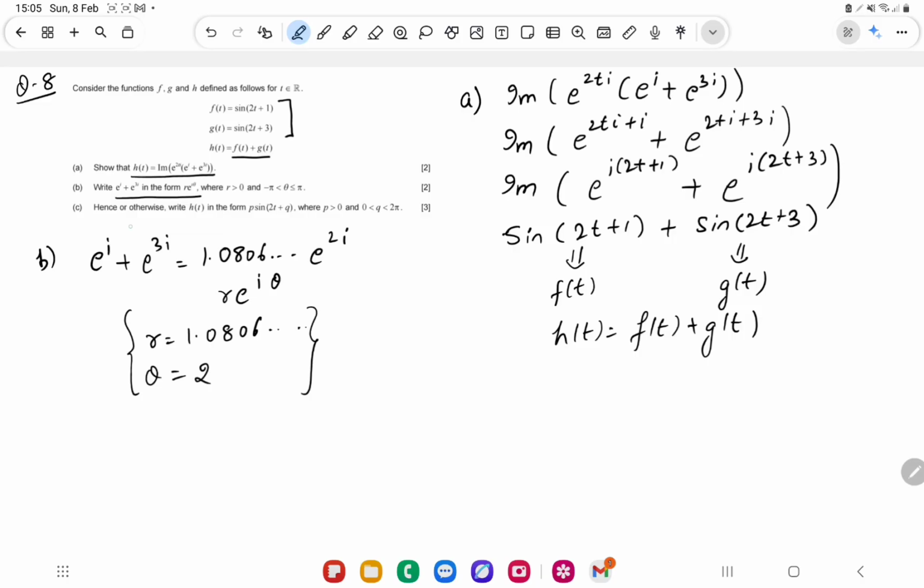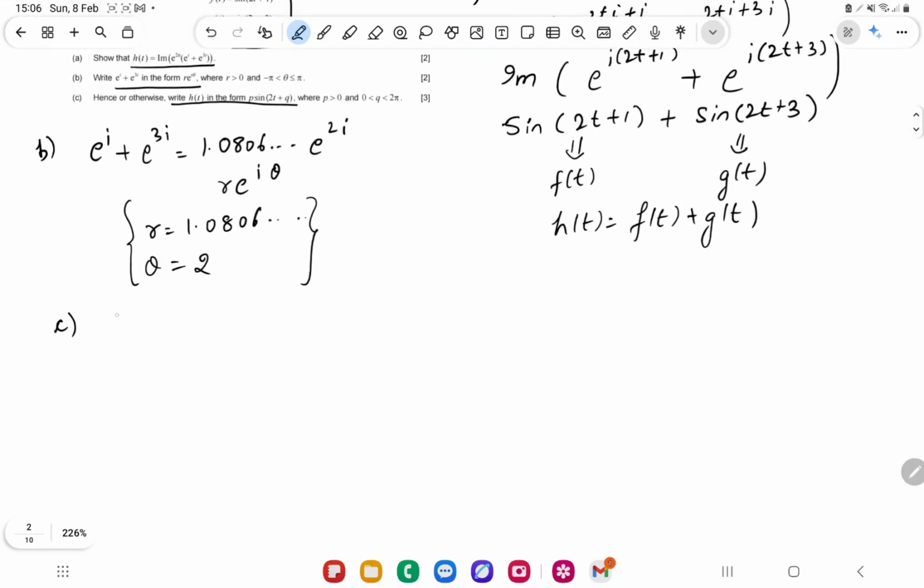Now for C part, it says write h(t) in the form p sine(2t plus q). Since we are talking about sine, we are again talking about the imaginary part. So for the imaginary part, I can write h(t) as the imaginary part of e to the power 2 plus i into the sum, the answer coming as this, as you can see from B part.